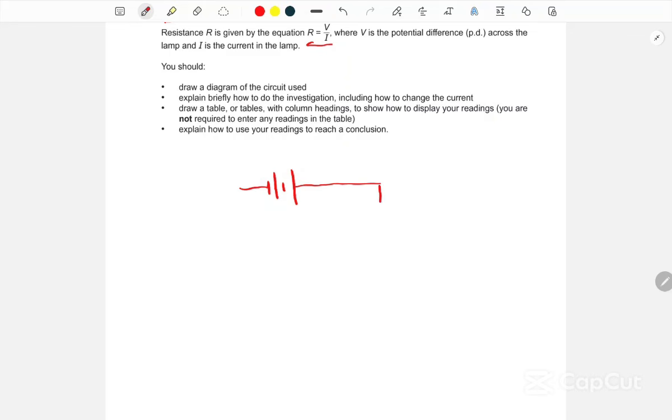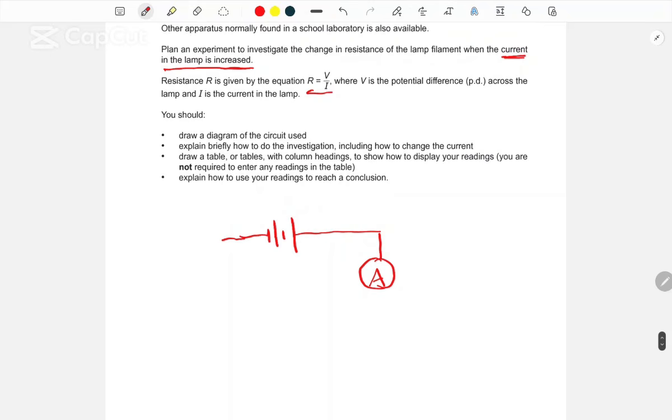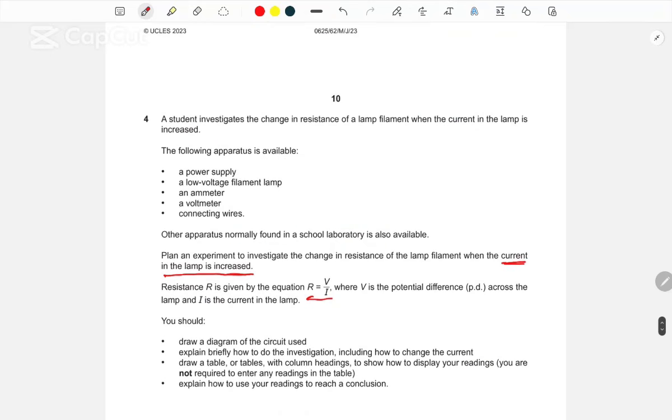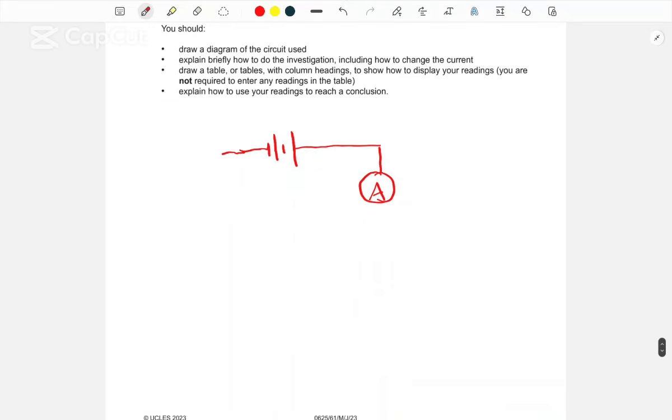So an ammeter is always connected in series with the filament lamp, because we have to measure the current through the lamp. And then we have a voltmeter. So the voltmeter is always connected in parallel to the lamp. So we have the lamp, and the voltmeter is going to be in parallel always.